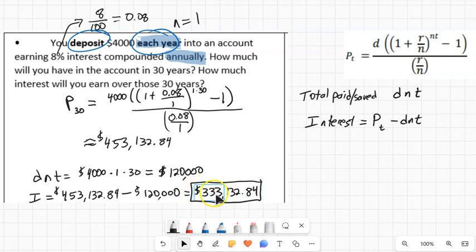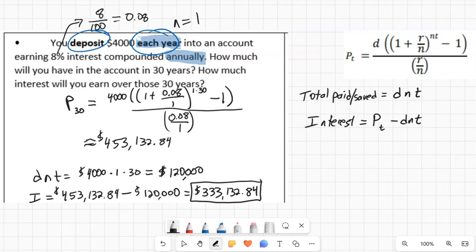Don't feel bad for them though. They turned around and loaned a lot more than that and made a lot more interest off of people. Okay, so two extra formulas that you need to know. DNT, and the DNT compared to the amount in the account, subtract the smaller one from the larger one, and that gives you your interest.